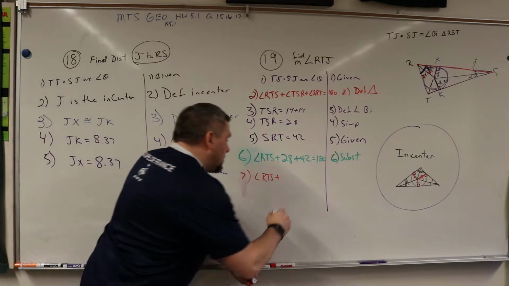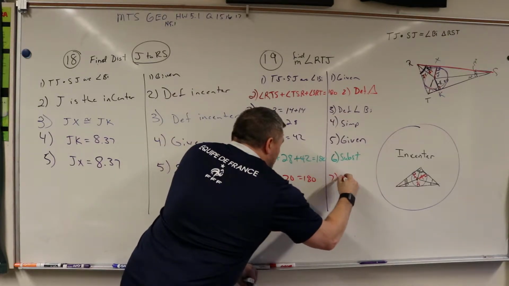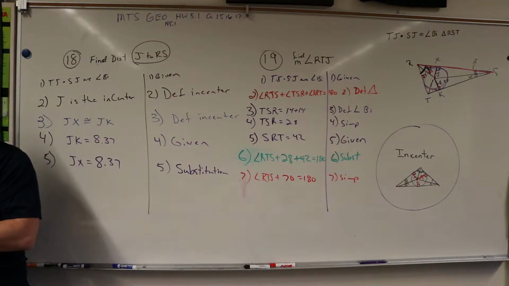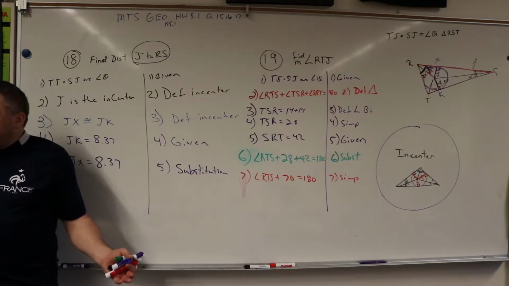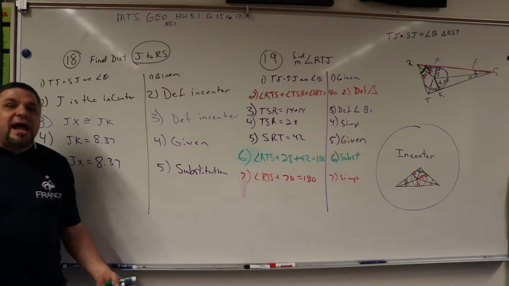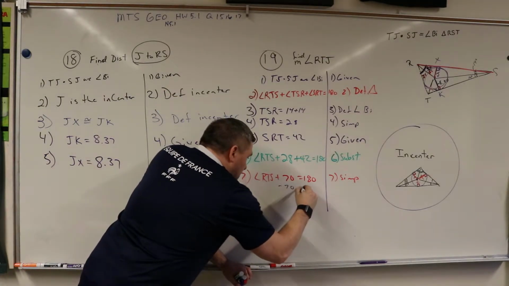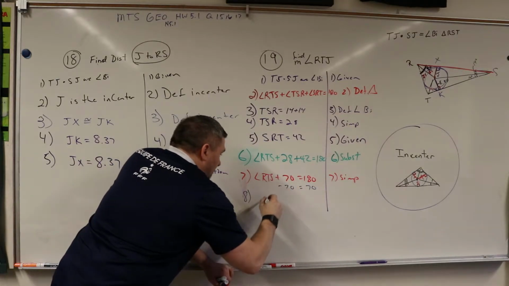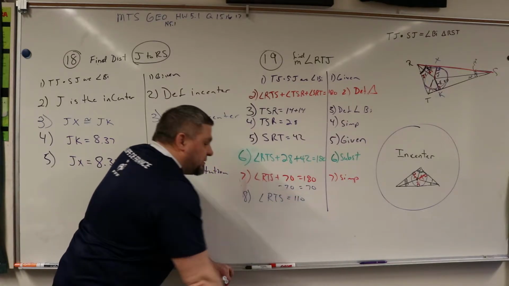Perfect. RTS plus 70 equals 180. And that's simplify. Okay? Then what do we do? How do you solve? Subtract, not divide. Always the opposite. Come on, people, you guys got to wake up. RTS is equal to 110.